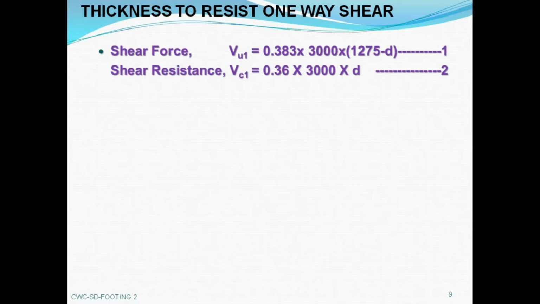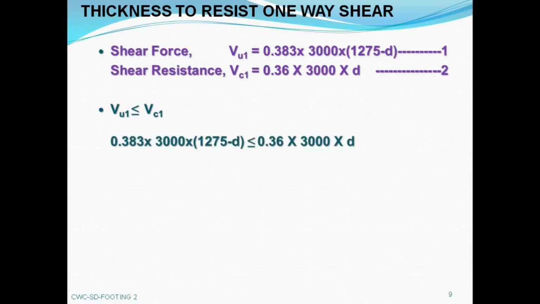The condition we have to consider here is VU1 less than or equal to VC1. That is, RHS from equation 1 should be less than or equal to RHS from equation 2. On solving, we will get the value for D as greater than or equal to 658 millimeters.